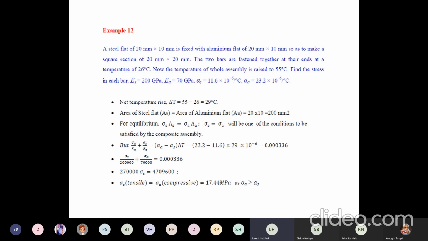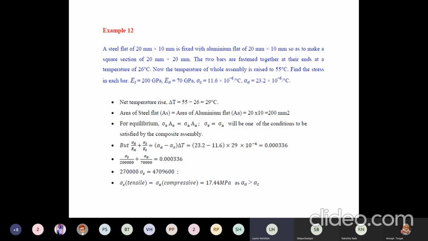Next, find the stresses in each bar. So, he has asked you to calculate the stresses in each bar. For this purpose, he has given you Young's modulus for steel and aluminium, convert in Newton per mm square. And also, he has given you alpha S and alpha A. Now remember one thing, first draw the diagram. In this case steel flat is fixed to aluminium plate, so take steel as 1 and aluminium as 2.